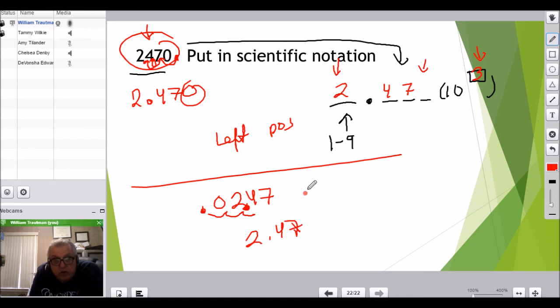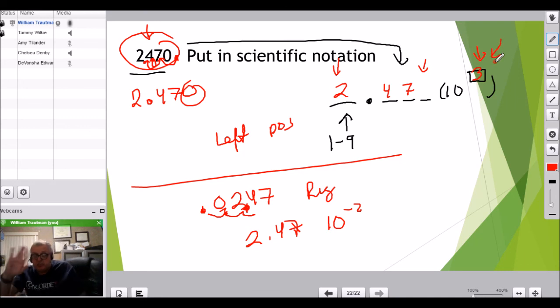So if you move the decimal to the right, then you put a negative there. So if you move the decimal to the right, it has to be a negative number as a power. But if you move it to the left, it's a positive number for a power. So you have the right idea. It's just depending on which way you move the decimal.